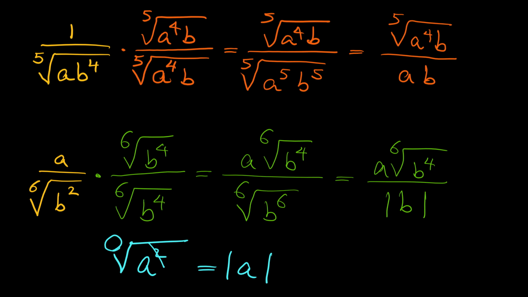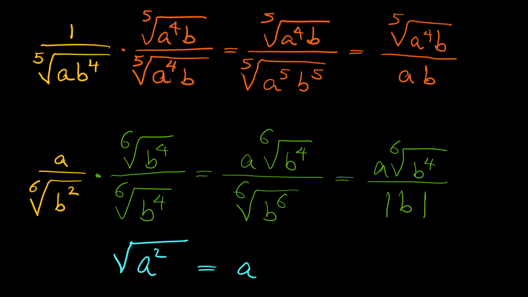And the reason for that is that maybe this variable a, attention, a is unknown to you. So maybe a is negative, but we know that the answer of a radical with even index is always positive. So if you forget to put absolute value here, maybe a is negative, then the answer of a radical is negative, which makes no sense.